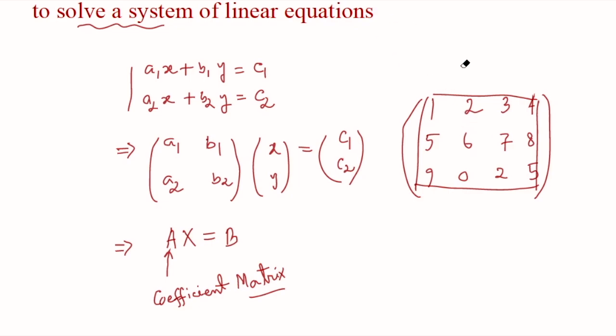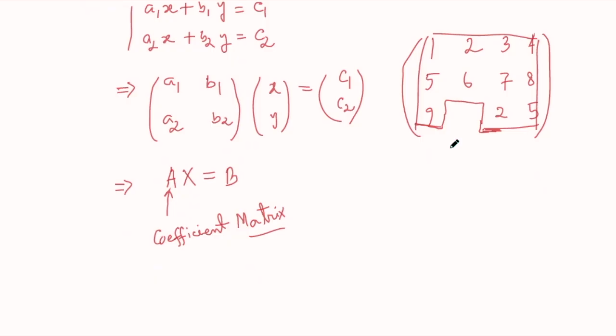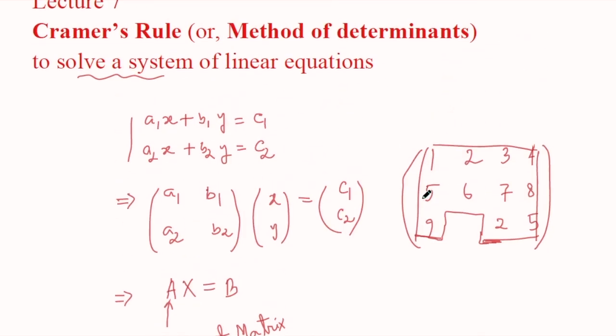But let's say, for example, this 0 is missing here. In that case, it is not a rectangle, you see. Then the arrangement is an octal arrangement. You see, 1, 2, 3, 4, 5, 6, 7, 8.